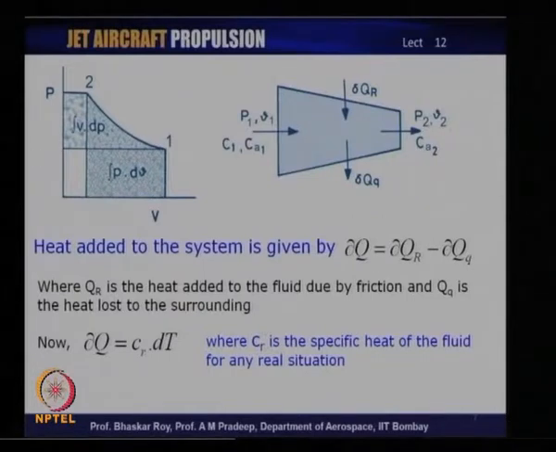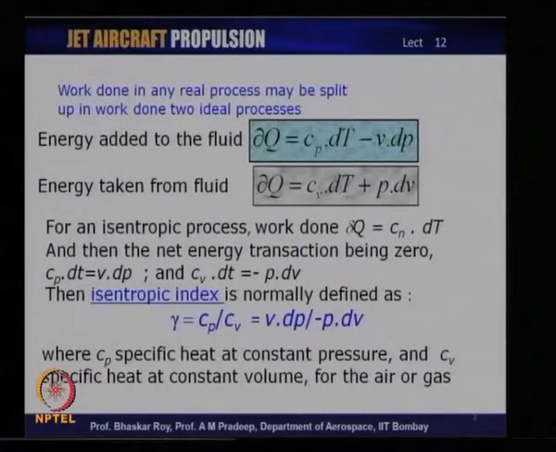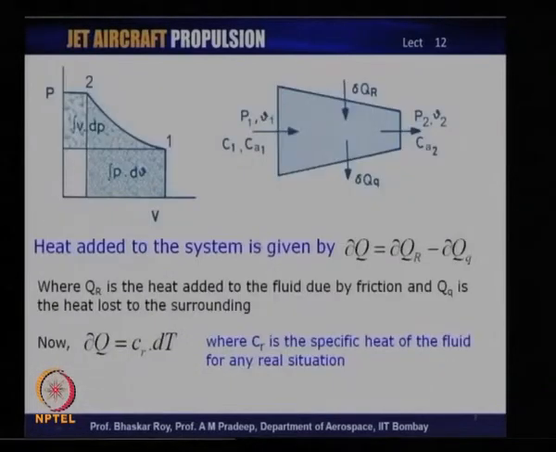Now, if we proceed along this, we can say that the work done in any real process may be split up into work done for two ideal processes. One is the energy added to the fluid, that is, delta Q equal to C p dT minus V dp, and we showed the V dp in the earlier diagram.